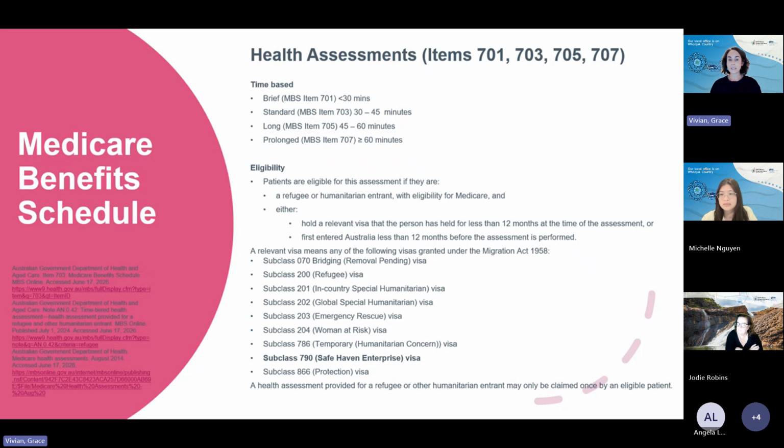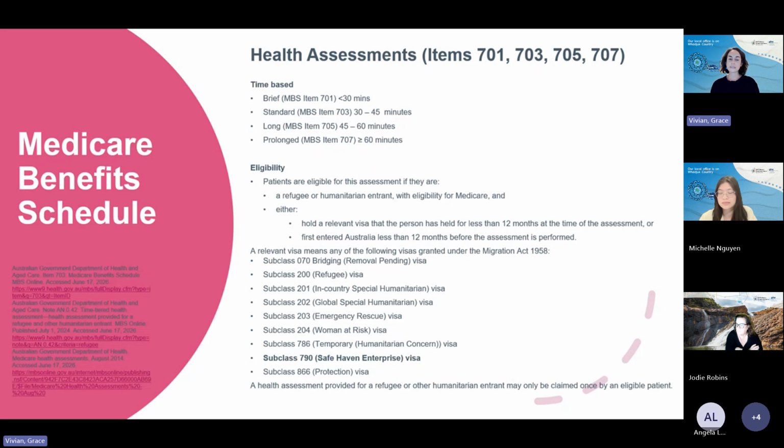They need to be a refugee with Medicare, and they either have to have the right visa and have held it for less than 12 months at the time of the health assessment, or first entered Australia less than 12 months ago. So this is quite a narrow scope of patients who may be eligible for the MBS rebate. The time base is significant there, and the visa eligibility criteria.